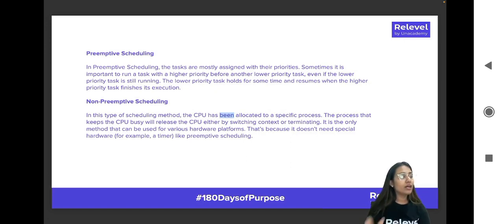Okay, here in non-preemptive scheduling, it does not interrupt a process which is running in the CPU in the middle of execution. In preemptive scheduling, if a process is running but a high priority task comes, an interrupt will happen and your process will be stopped. But in case of non-preemptive scheduling, the process is not stopped in between. It is not interrupted in the middle of execution.